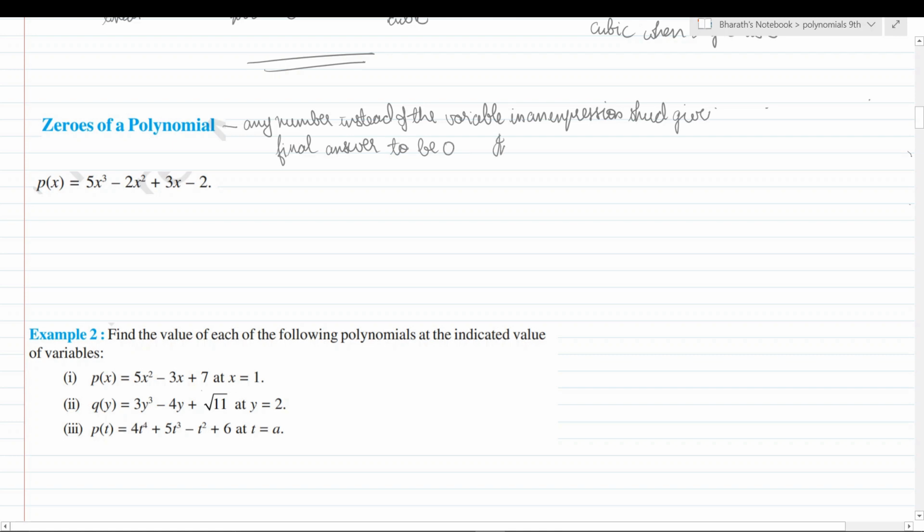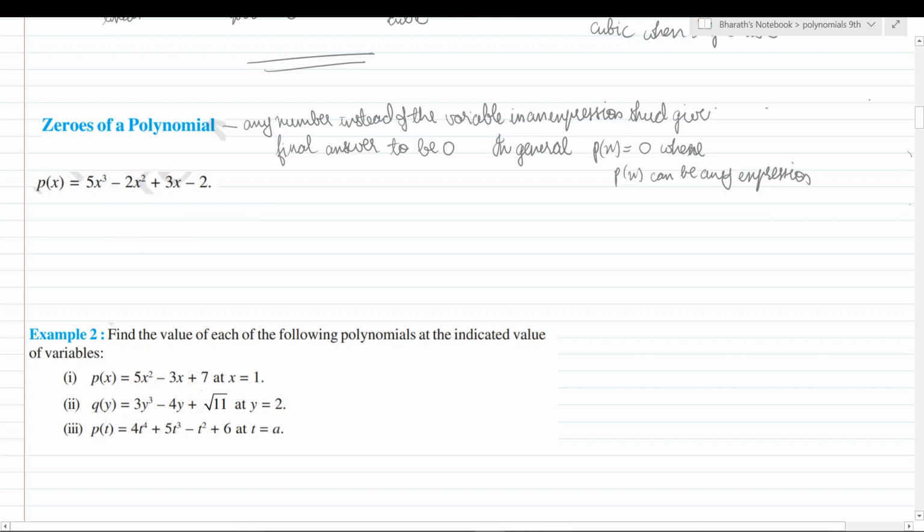In general, p of x should be equal to 0, where p of x can be any expression.